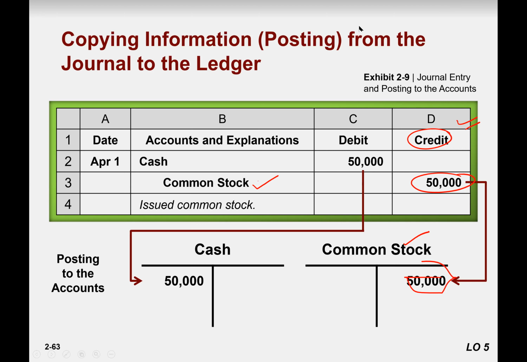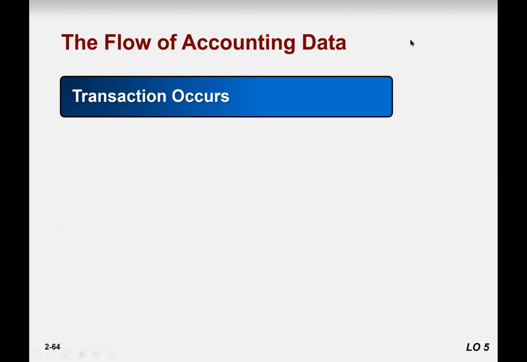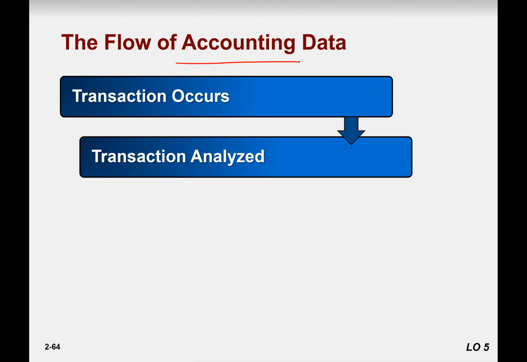Okay. Let's further talk about, here we go. So the flow of accounting data is that first transaction occurs. So first of all, you need to understand whether this is under the category of transaction or not. If any event occurred, you need to see that this is the transaction. Why? Because it has financial impact, right? So how you analyze that one?